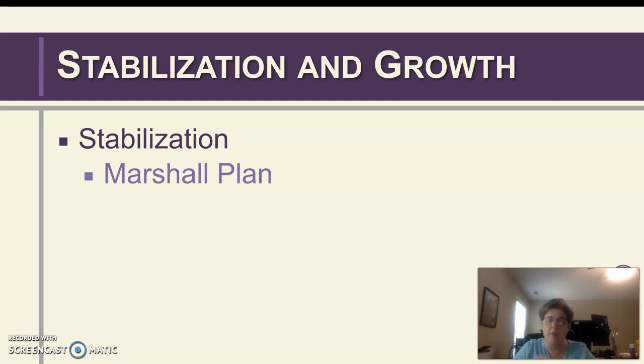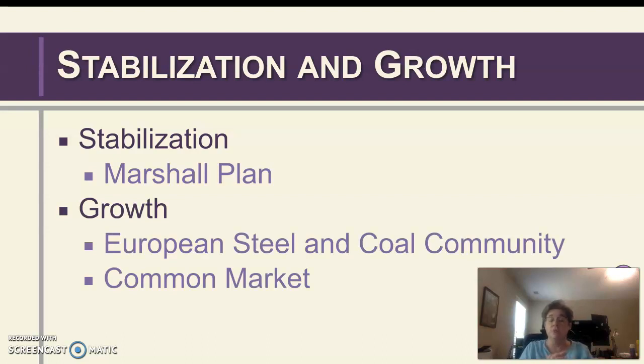That's their hope, that we're going to make communism look bad, because we don't want communism. We don't want the government controlling everything. Okay, so that was the Marshall Plan. We'll give them enough money to help them rebuild so that they don't turn to communism. And it worked. It worked for a lot of countries.